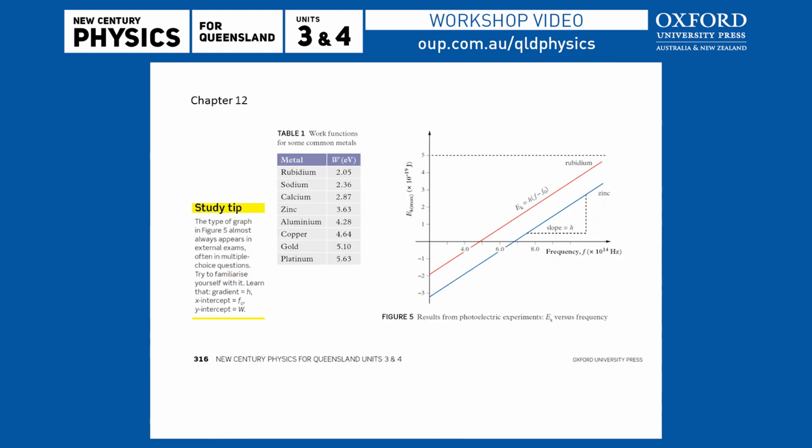Chapter 12 is on the two quantum theory chapters. I'm pretty sure that you're going to see that sort of graph somewhere. What I've done over here is to say if you learn off these three things: the gradient is h, the intercept on the x-axis is f0, and the y-intercept is the work function.